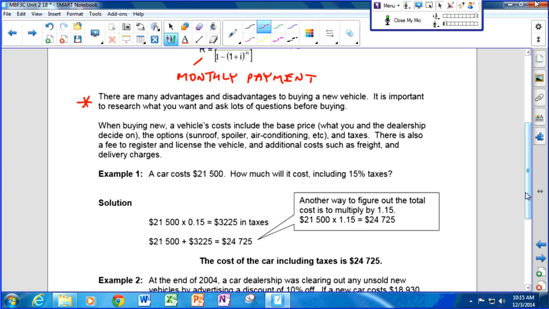And then, of course, the cost of the vehicle is the base price, and I was just talking about that. There are options. You can get the premium sound system, a sunroof, a spoiler, air conditioning, and all of these things are really up to the individual, right? No one can look at you and say you don't need the premium sound system.